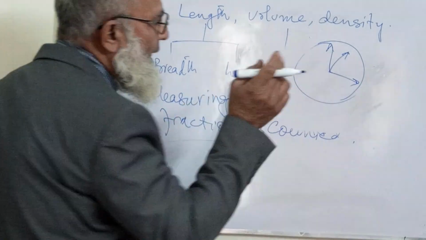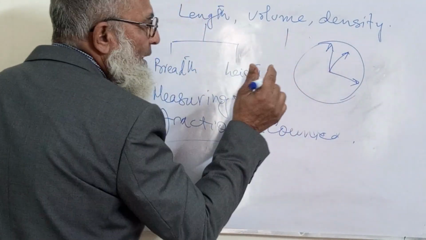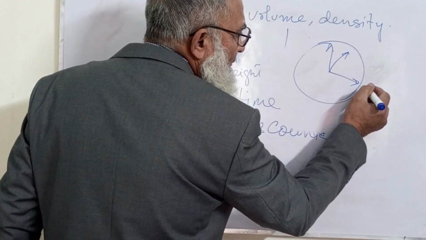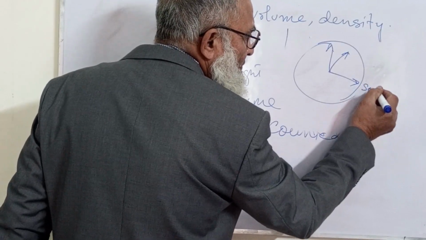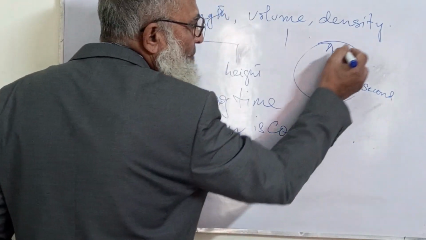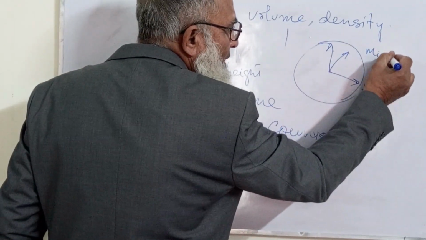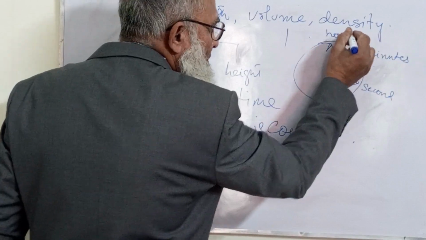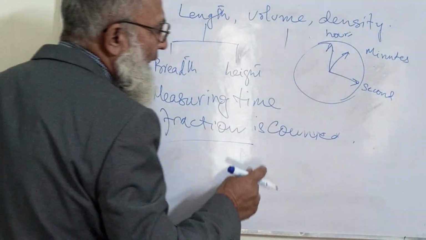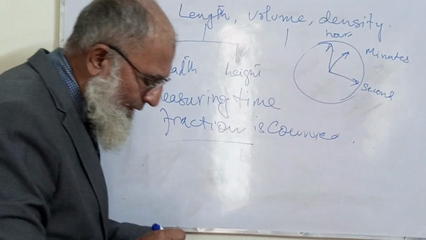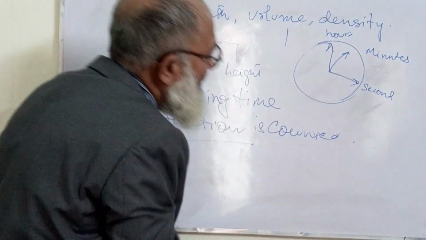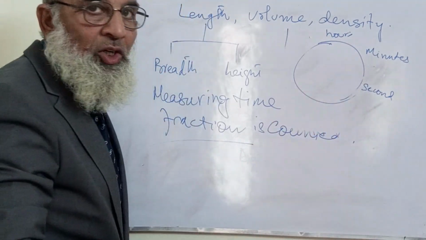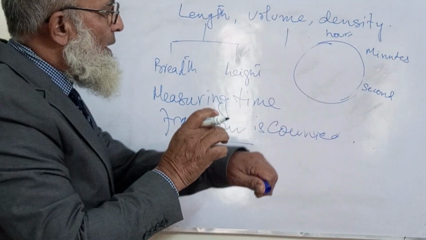These are called hands. Number one is the hand of seconds. Number two is the hand of minutes. And number three is the hand of hours. This clock is divided into 12 equal parts, as you have seen all over the world, in your houses, on your wrist.